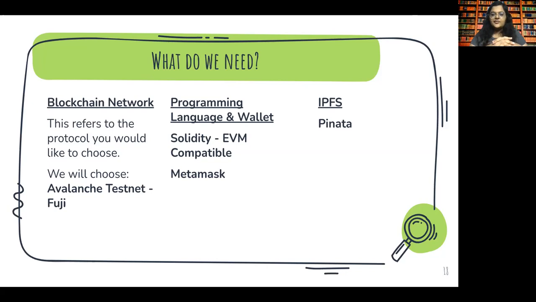Well, in this case, what will we be storing? We'll be storing the information related to NFT. We are going to create a dummy NFT that consists of an image and some associated metadata. And the platform that we have chosen for our decentralized storage, that is IPFS storage, is known as Pinata Cloud.